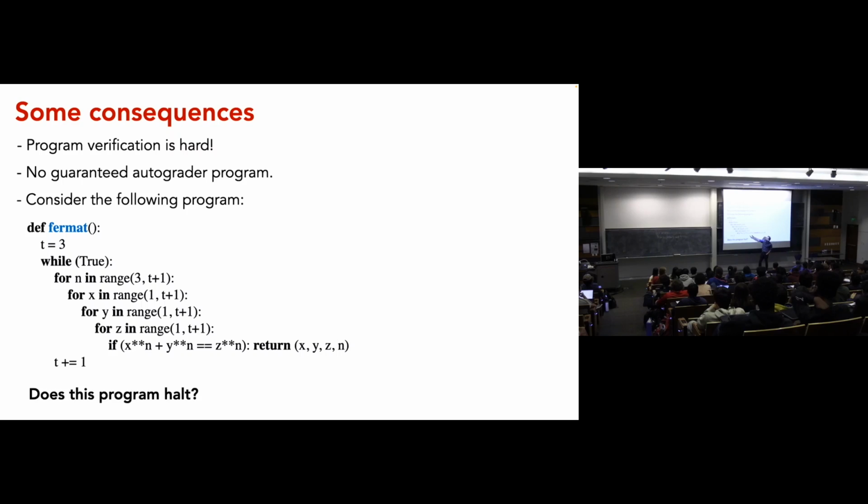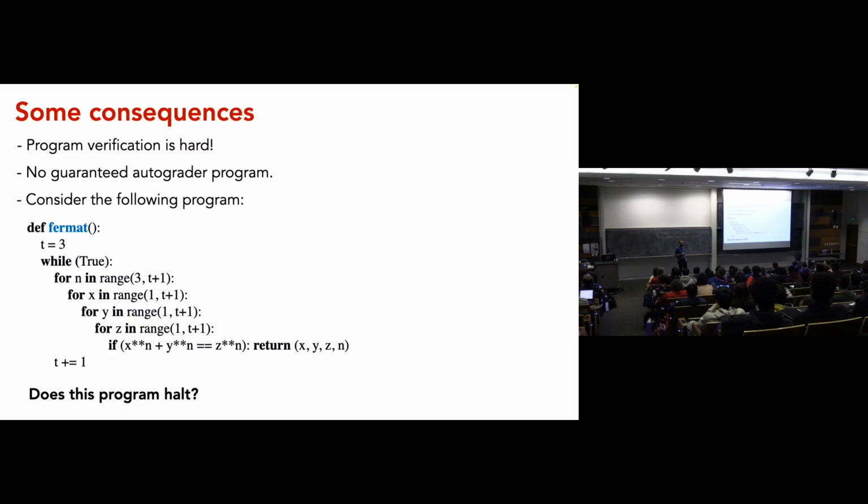It's a brute force search, going through n, x, y, and z. Is x to the n plus y to the n equals z to the n? And if it finds an x, y, z, and n such that x to the n plus y to the n equals z to the n, it returns those values, right? What is this related to? Fermat's last theorem, right? It's trying to find a counterexample to Fermat's.